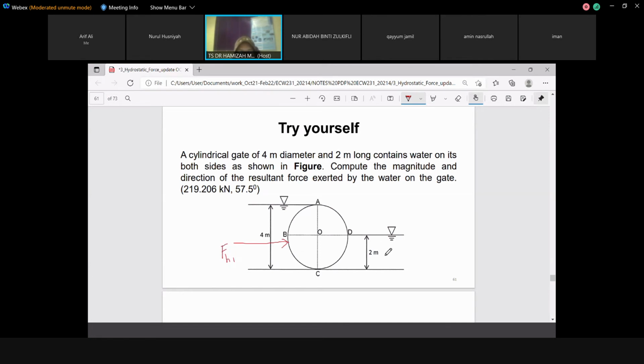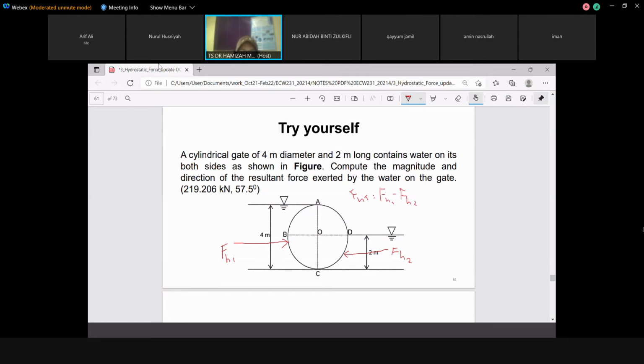And then we also have the force from left, from right. So this is represented by FH2. So boleh calculate lah satu-satu. Dia punya HG, the area for 1 and area for 2, HG for 1, HG for 2. Then you get the force, total force for H, total. It is FH1 minus, sebab dia berlainan arah kan, so you minus FH2.